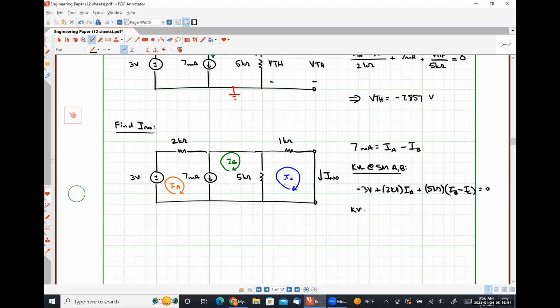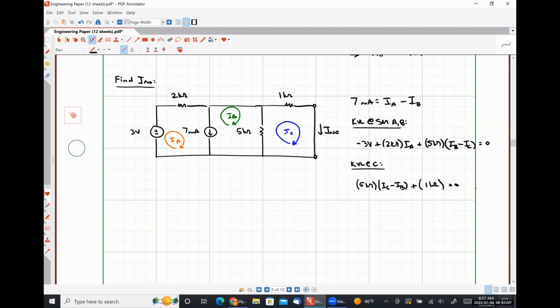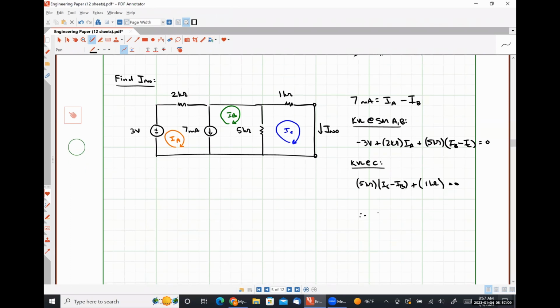Then we're going to have KVL at mesh C. So that's going to look like 5 kilo ohms times (IC - IB) plus 1 kilo ohm IC is equal to 0. And we will now solve this system. So this is a 3 equation, 3 unknown system.